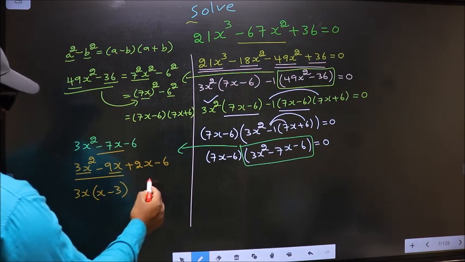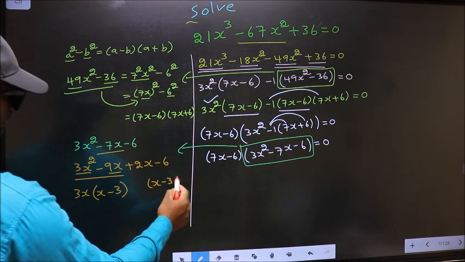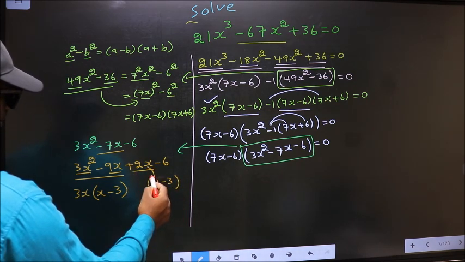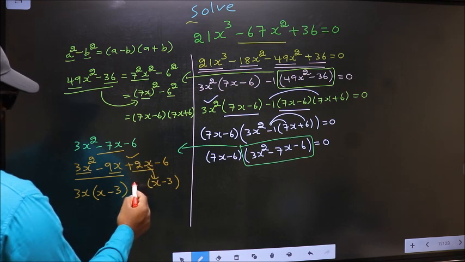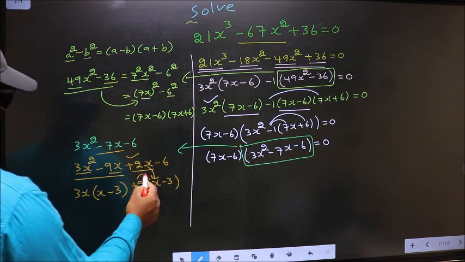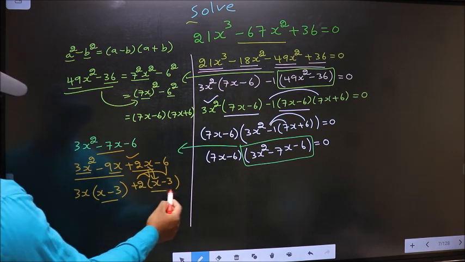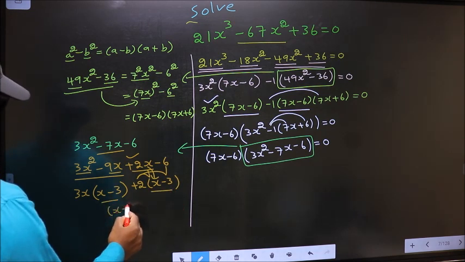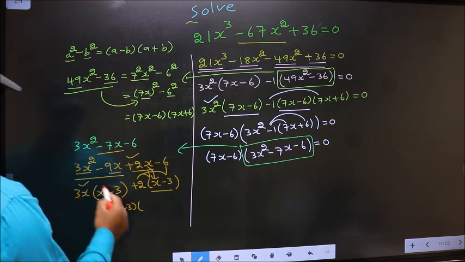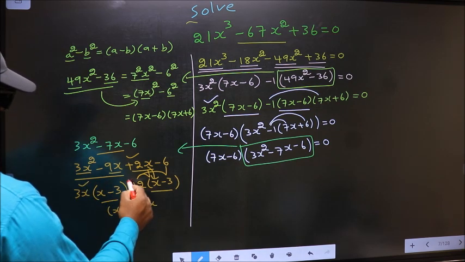Whatever we got here, here also we should get the same thing. From this x gone inside, so outside you get plus 2. Even if you multiply and check, still you get the same thing. Now take out x minus 3 common. So here you have 3x and here plus 2.